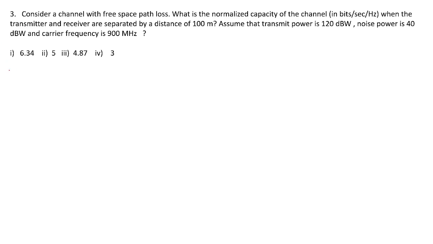So, the free space path loss model. Let us briefly discuss what that is. It assumes a line of sight path between transmitter and receiver, with the absence of any scattering in between.